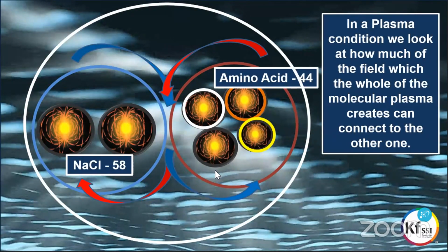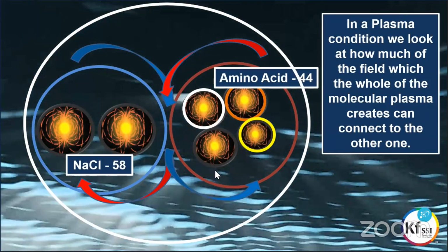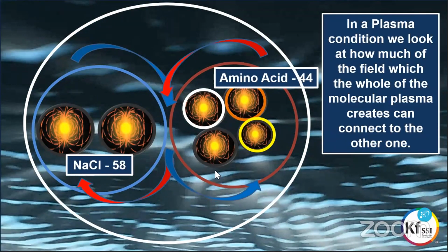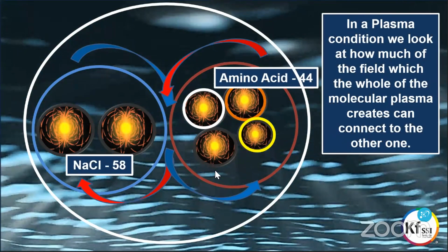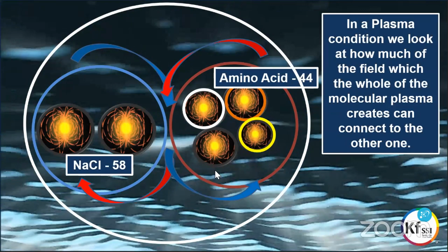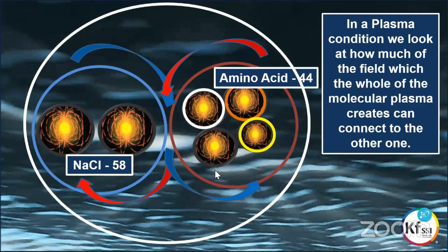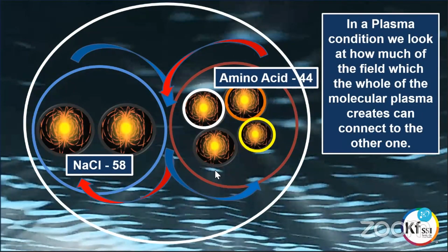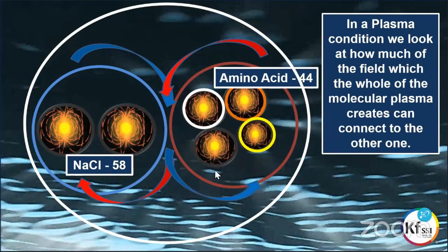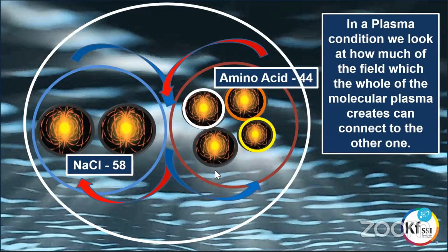So you look at the sodium chloride and amino acid, and it's the fields of the two that begin to interact and find a match and bond, and together they then create that new structure. And so one has to start beginning to understand it's not the chemistry that we've always understood. It's a totally different way of understanding what's happening within our body, within the plasma condition in the GAN state.